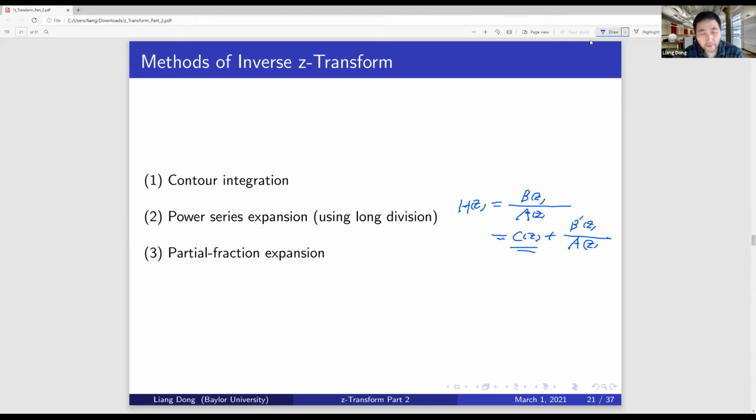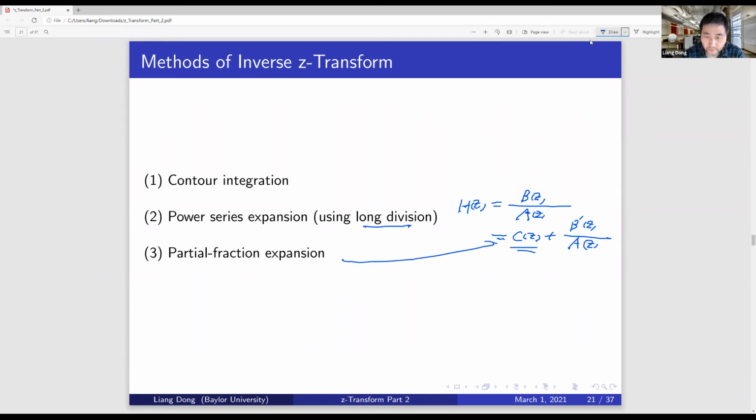Then our third method is partial fraction expansion, using that to find the inverse Z transform. You can think of partial fraction expansion as coming after the long division.